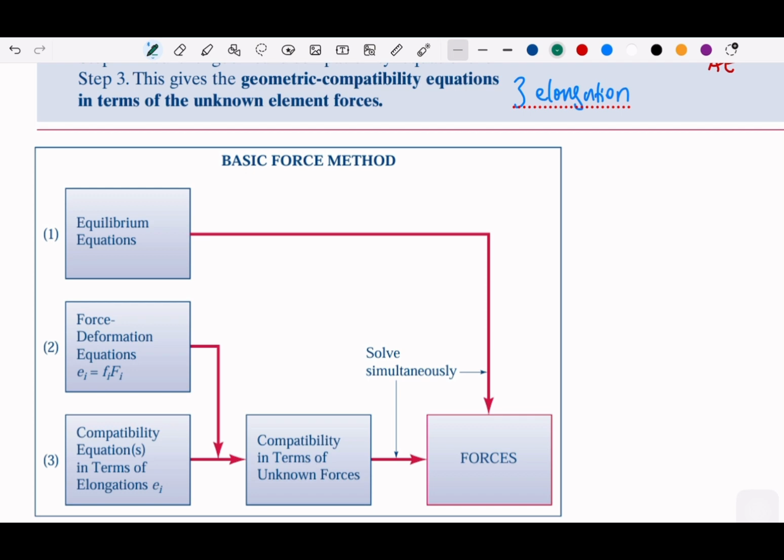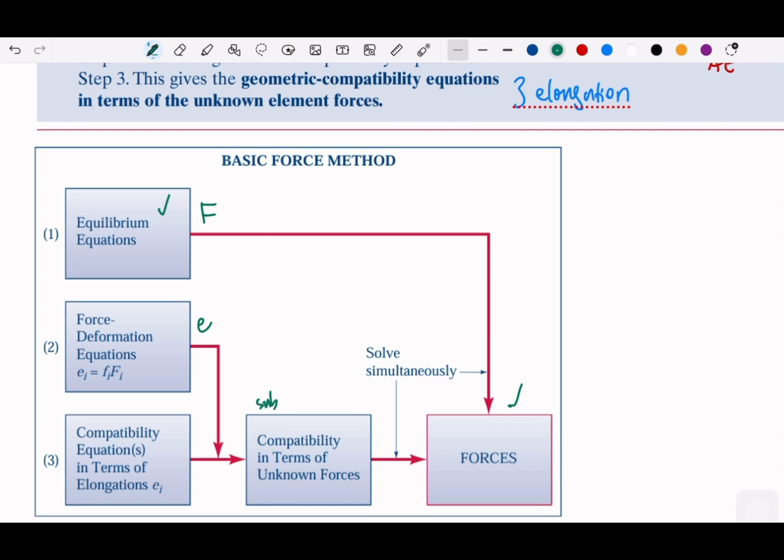If you remember the statics part in chapter 1, we start by equilibrium. Okay, that we get the force directly, the forces equations, and then the deformation equations, the E. So this is F, this is E, and then from the E we get the compatibility equations, and then we have the unknown force that we can substitute.